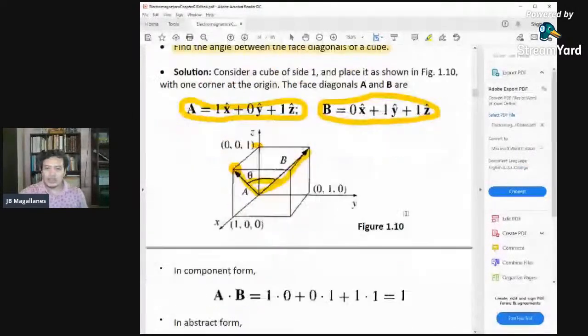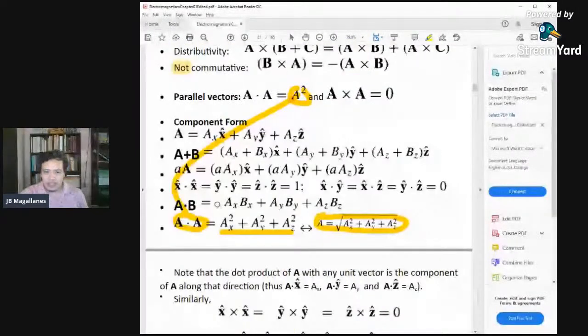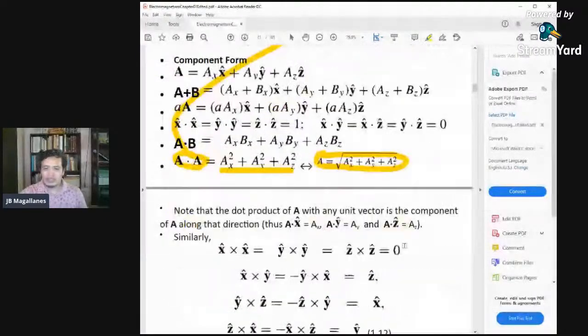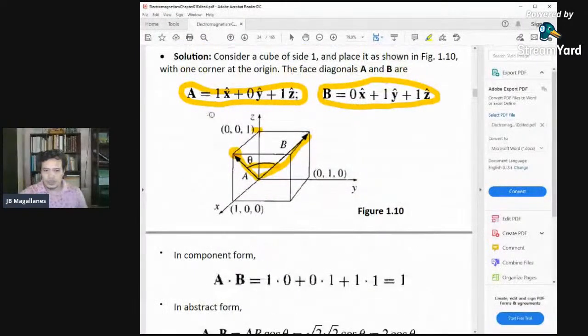So if you want to get the dot product using this formula, then you just multiply the respective components. So this is 1 times 0, this is 0 times 1, and 1 times 1. So A dot B would just be equal to 1.